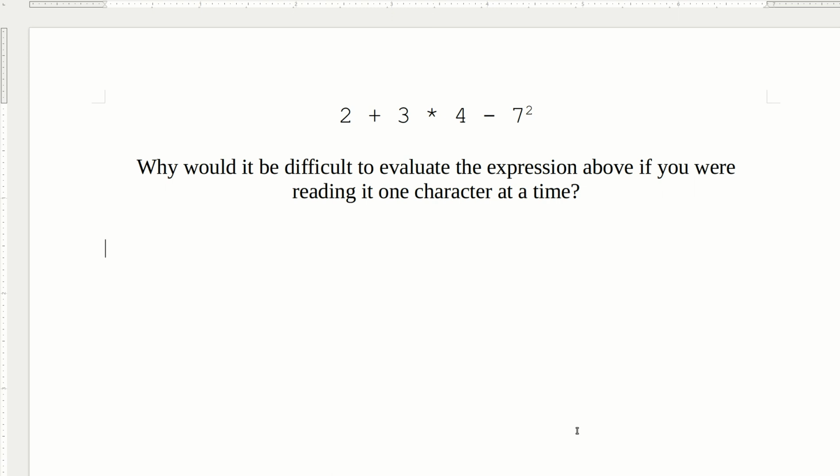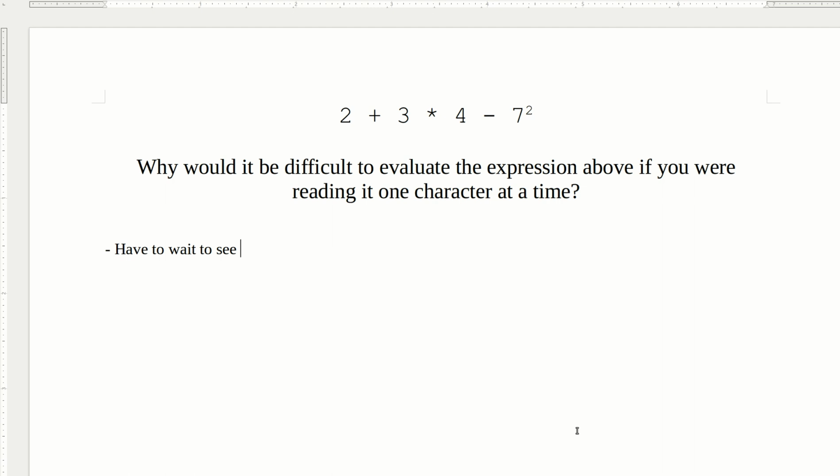A couple of aspects that might have arisen for you in thinking about this are that we can't do any math right away when we see, for example, 2 plus. We have to wait to see the full expression or the full operator and 2 operands before we can do a binary operation like plus.